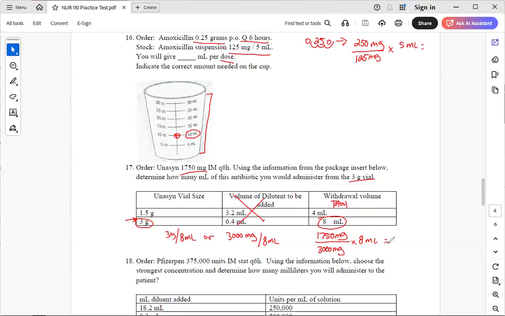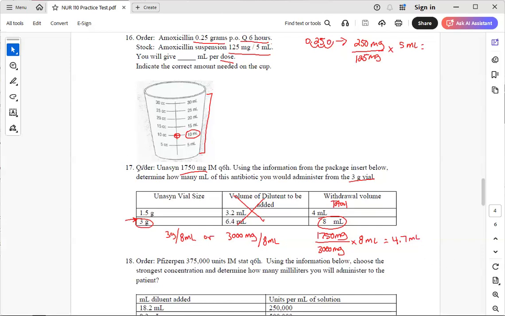And then I'm going to take 1,750 times 8 divided by 3,000. I'm going to get 4.6 repeating. So I'm going to round my answer to 4.7 ml.